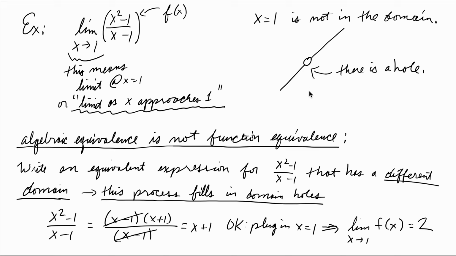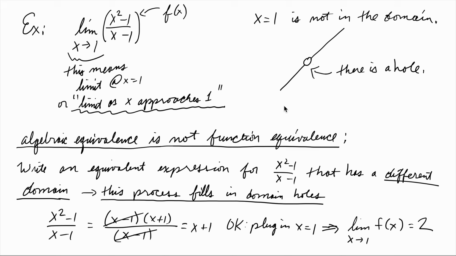So x equals 1 is not in the domain. Well, limits come to save the day, because taking a limit will fill in the hole. It will tell us what the y value is that fills in that hole to make it continuous there, if it's possible. And in this case it is. The limit does exist. The function does look kind of like this, and we can fill it in.